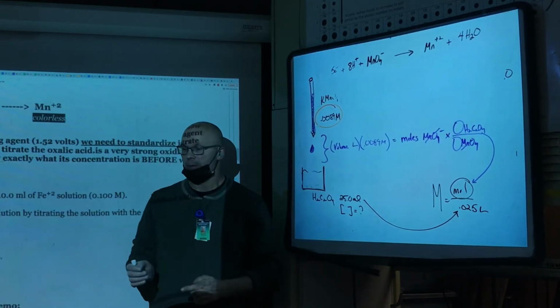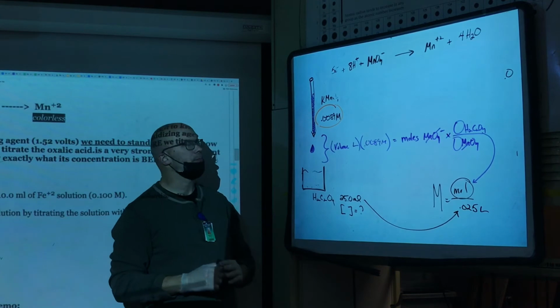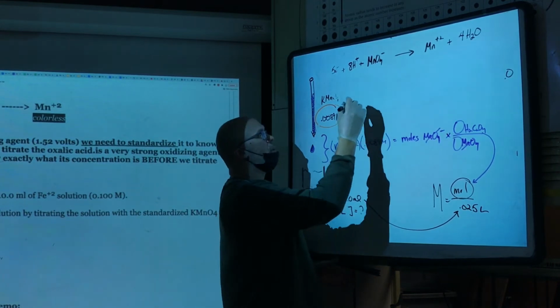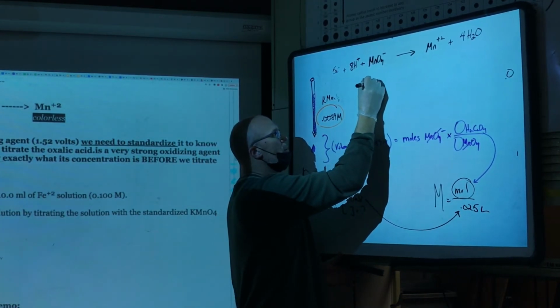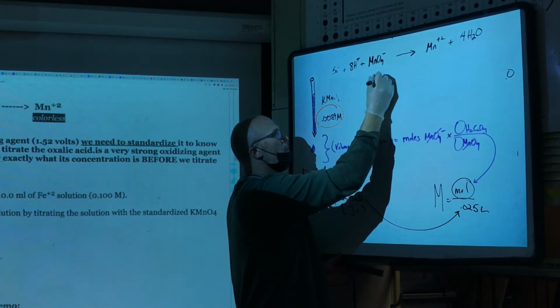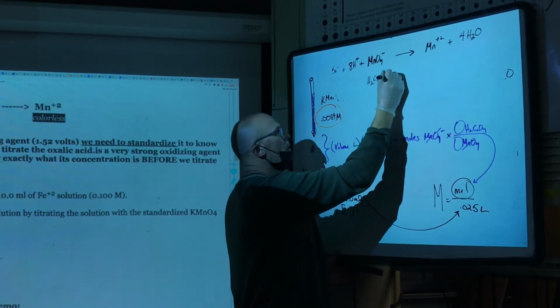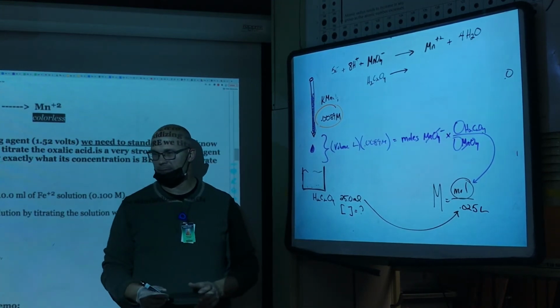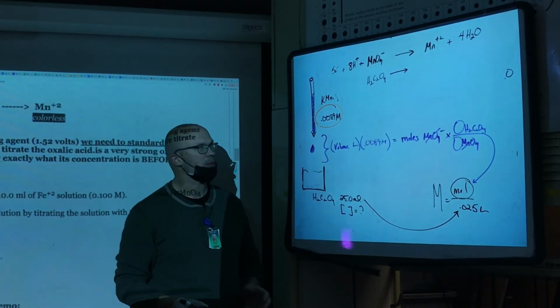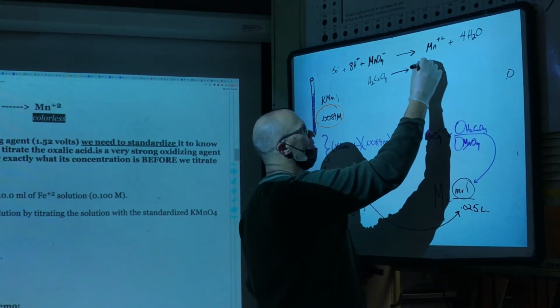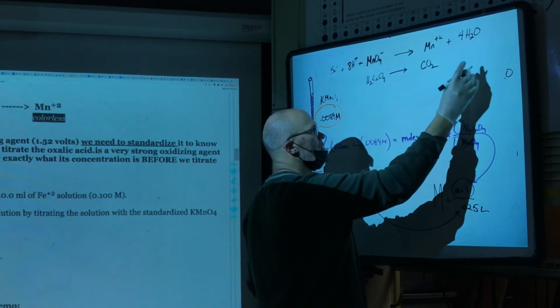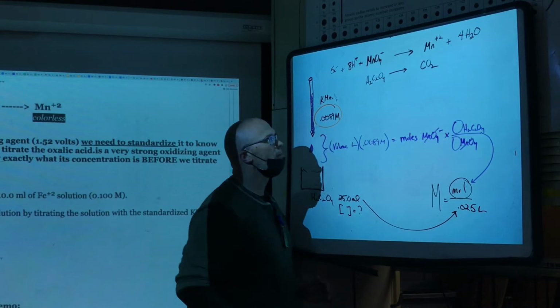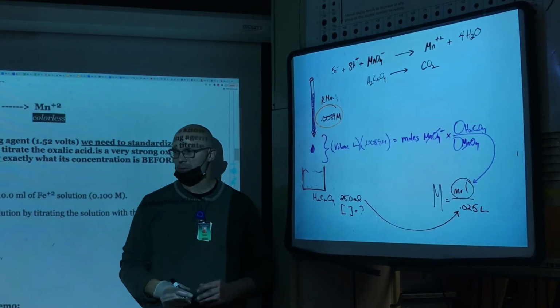Okay, the other half reaction, you have oxalic acid, H2C2O4. Now, I'm going to change this. In the worksheet, I have it going to H2CO3, carbonic acid. We're just going to go to CO2 here. I'm going to change it to CO2. Okay, so we got to do this.